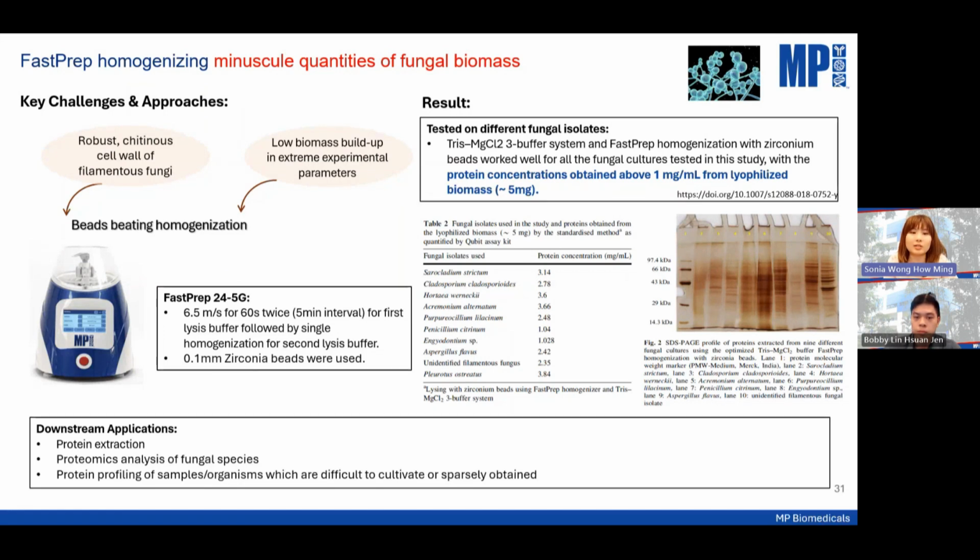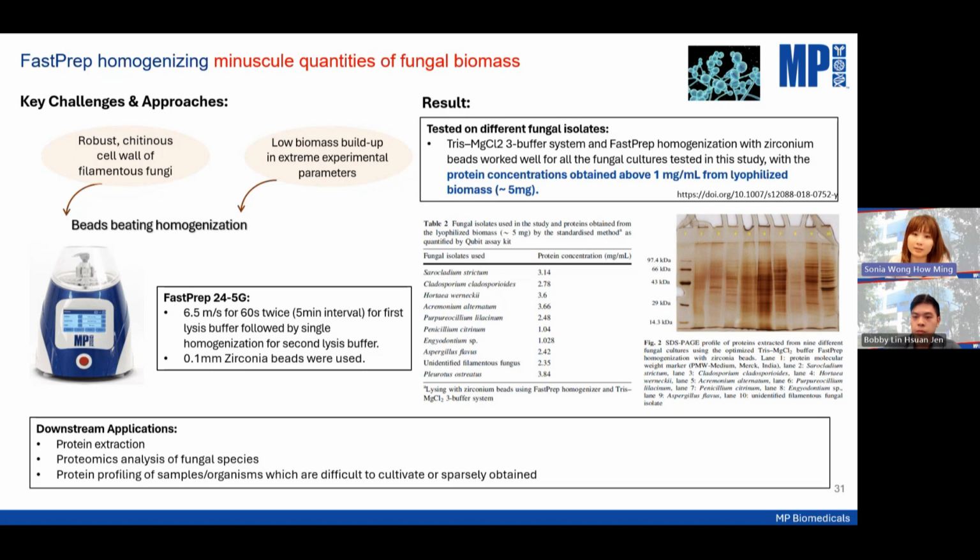So this group of researchers used our FastPrep-24 5G to do a 6.5 meter per second homogenization for 60 seconds twice with a 5-minute interval for the first lysis buffer, followed by a single homogenization for the second type of lysis buffer, where they were also testing different lysis buffer recipes. The beads they used were 0.1 millimeter zirconia beads, and a similar one that we offer is Lysing Matrix Y. They tested on different fungal isolates, and this is a brief summary of their result.